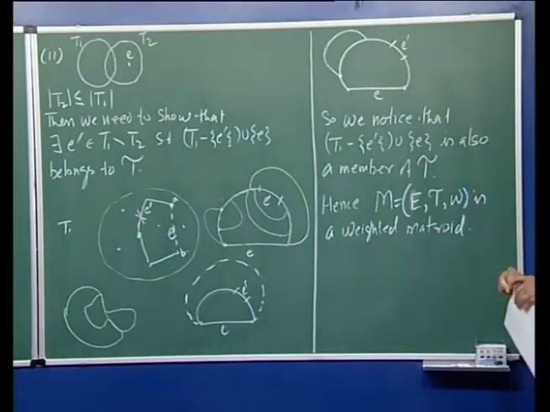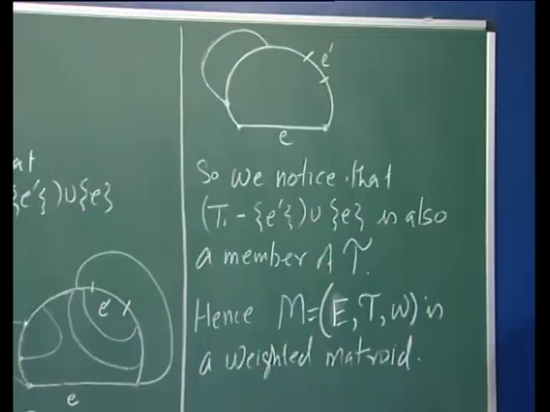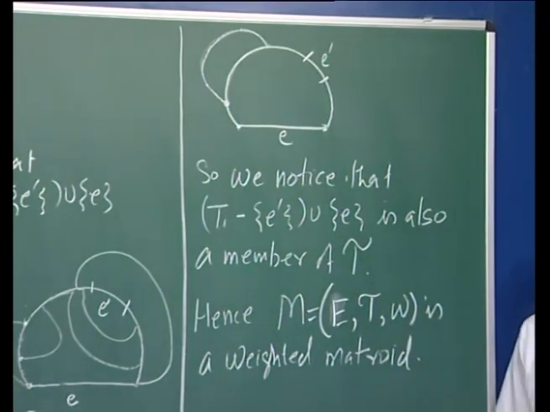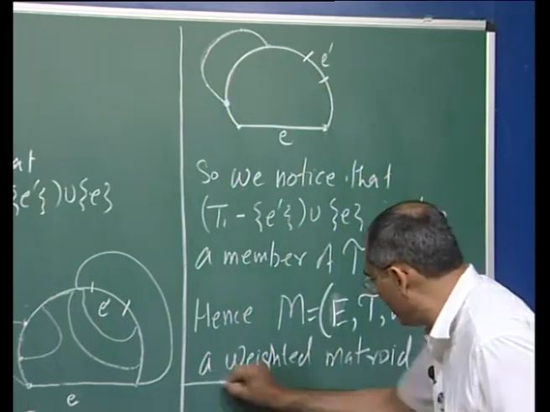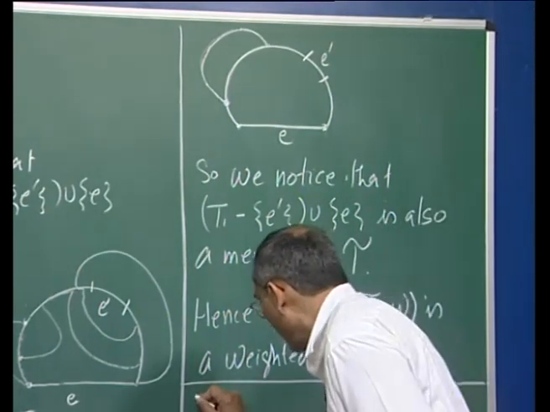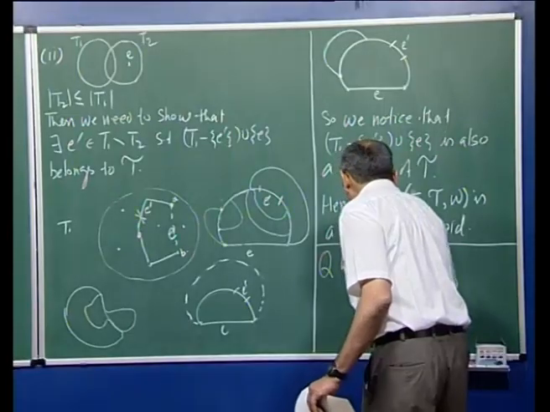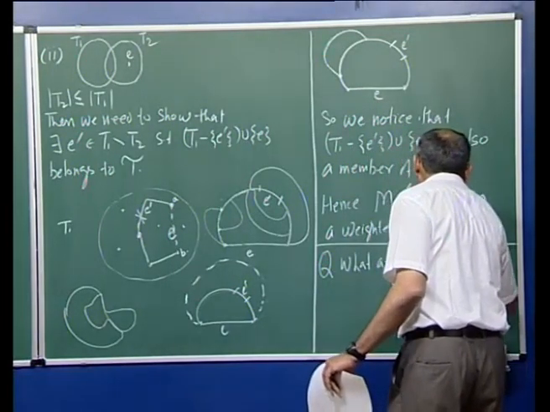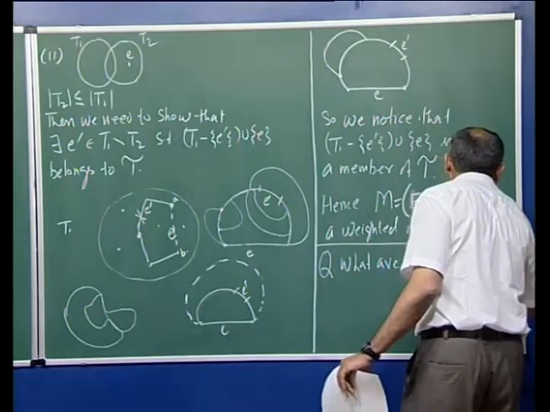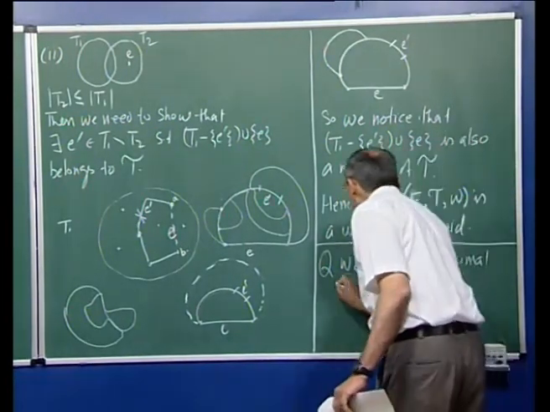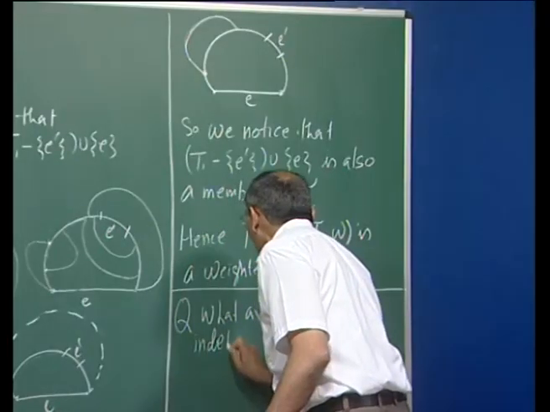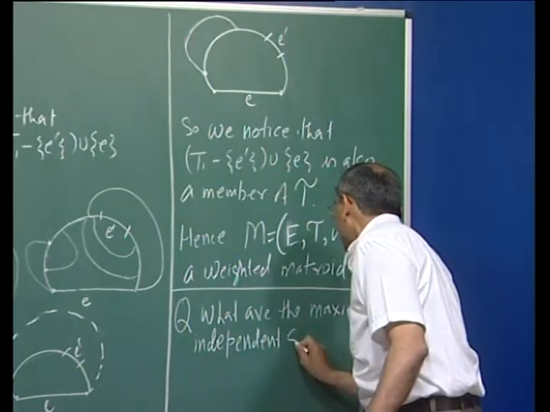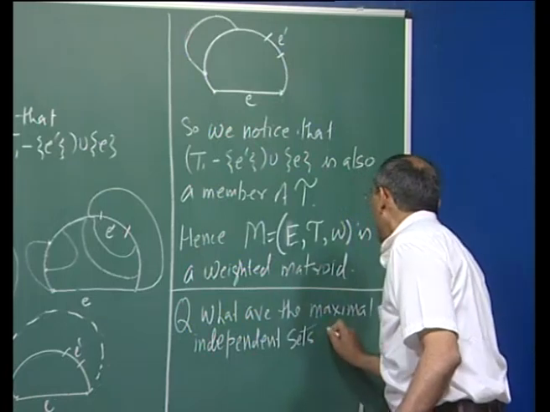Now we want to know what are the maximal independent sets in this matroid. What are the maximal independent sets in M?